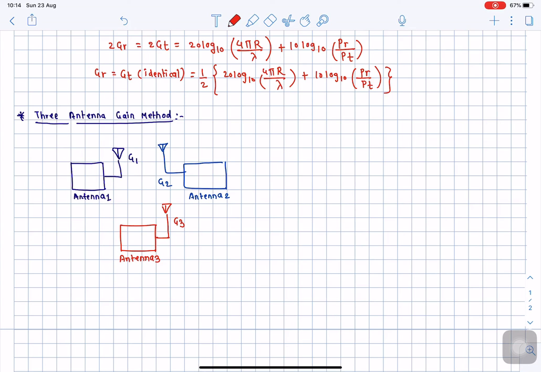At a time two antennas are being used. For example, we can make use of antenna number 1 and antenna number 2, or antenna number 2 and 3, or antenna number 3 and antenna number 1. Okay, and then we will establish the simultaneous equations, represented in the form of the gains of any two given antennas.